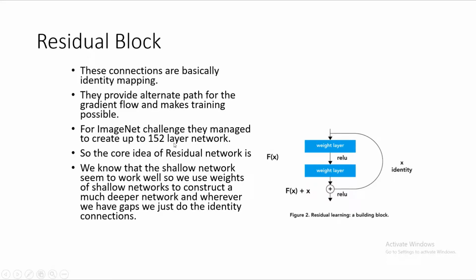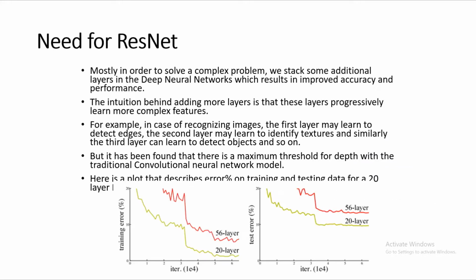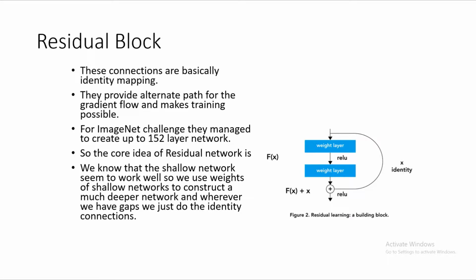By adding this kind of identity map, they created up to a 152 layer network. As we have seen here, the problem occurs at 56 layers, but with the help of this identity map, the authors added up to 152 layers.